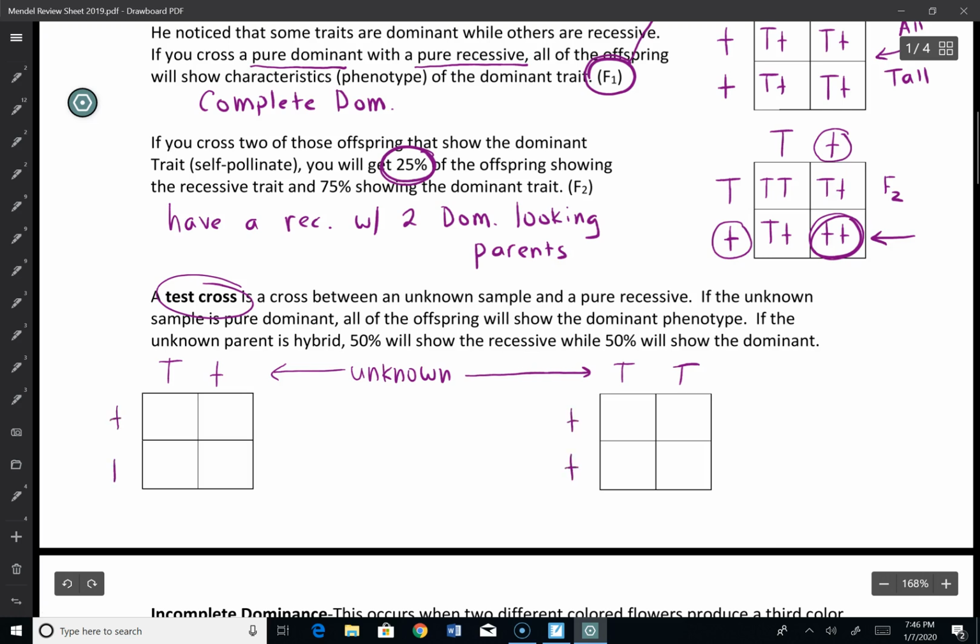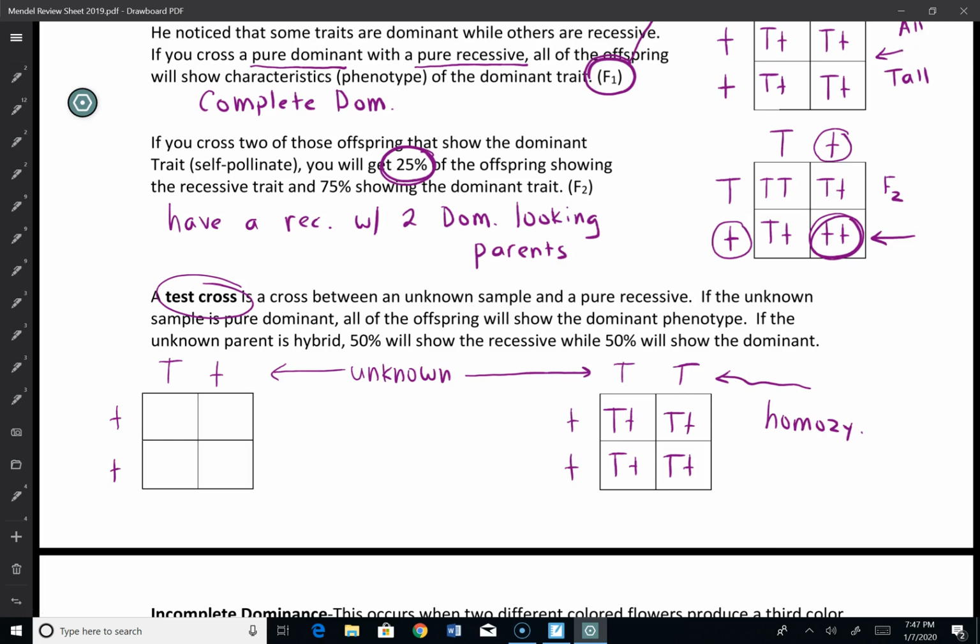Now if you do that, you're going to get an interesting result. Here, this is exactly what you did before in the P generation, where every single one of the offspring is tall. That let you know that you had a homozygous dominant tall.